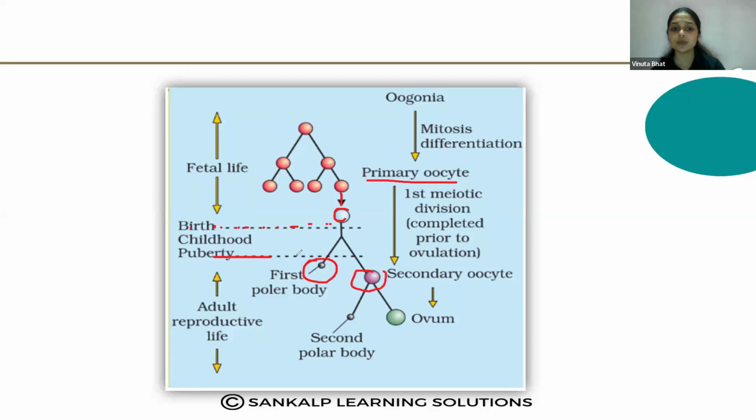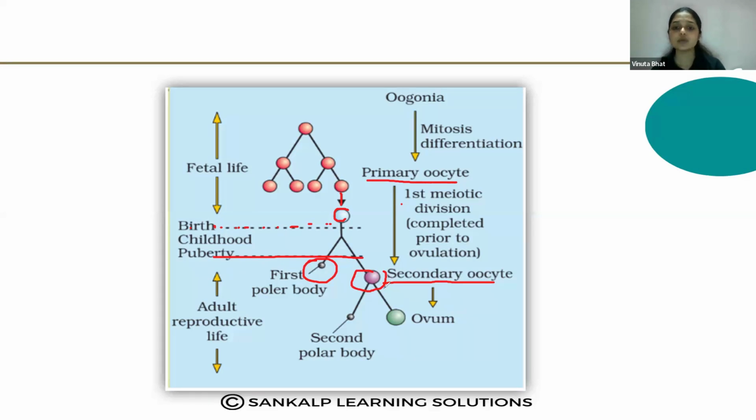So during puberty, the first meiotic division is completed by the primary oocyte, and that forms the secondary oocyte and the first polar body. The secondary oocyte is present in the Graafian follicle, which contains the secondary oocyte and the characteristic distribution of cells.